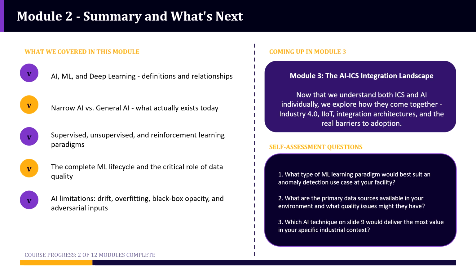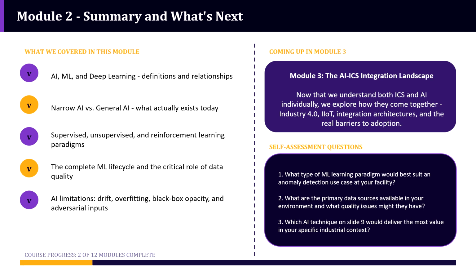We spent significant time on data because data quality is the single most important factor in artificial intelligence project success, and industrial control system environments have real, specific data quality challenges that must be addressed before model development begins. And we examined the failure modes that every industrial control systems practitioner must understand. Model drift, overfitting, the black box problem, adversarial inputs, and overconfidence.